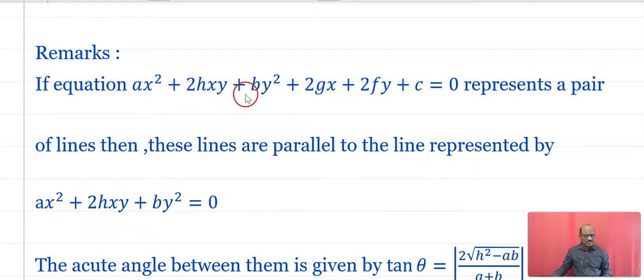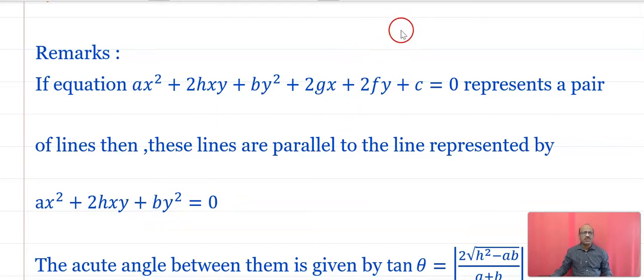This is the general equation, and these lines do not pass through the origin. But the lines of the joint equation ax square plus 2hxy plus by square is equal to 0 pass through the origin.